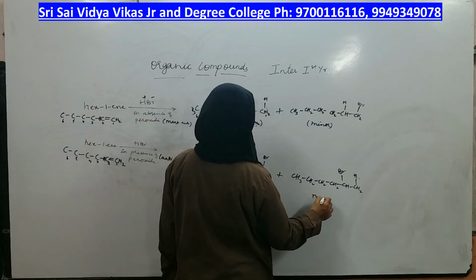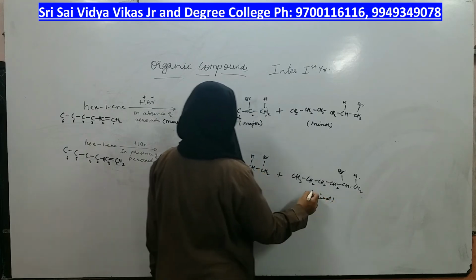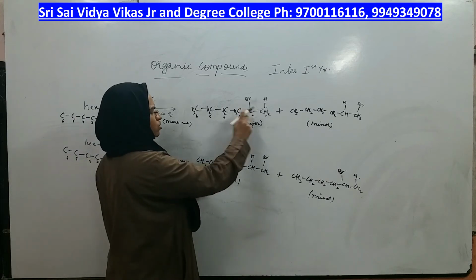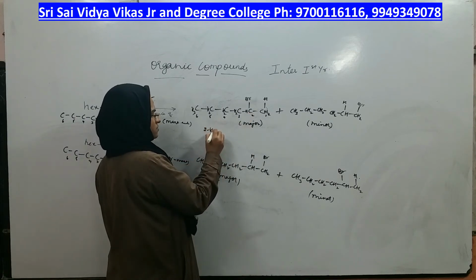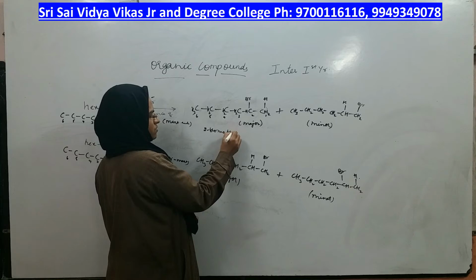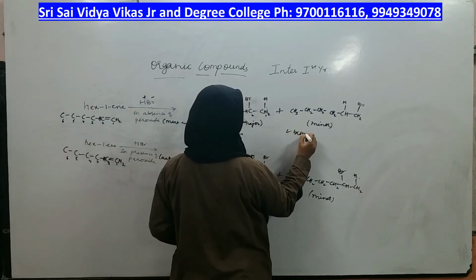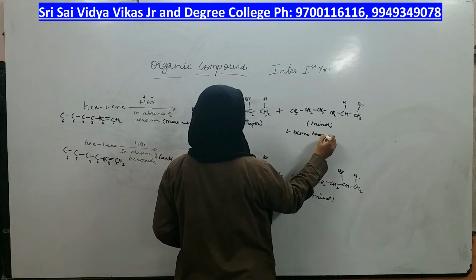This is minor. Right? What is the name of the product? 2-bromohexane is the name of this, and 1-bromohexane is the name of the other.